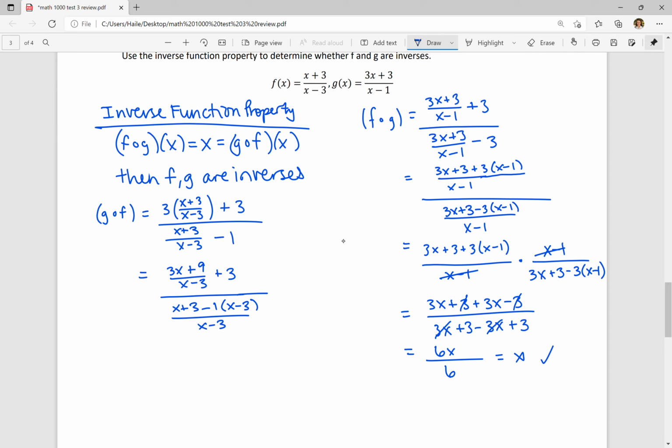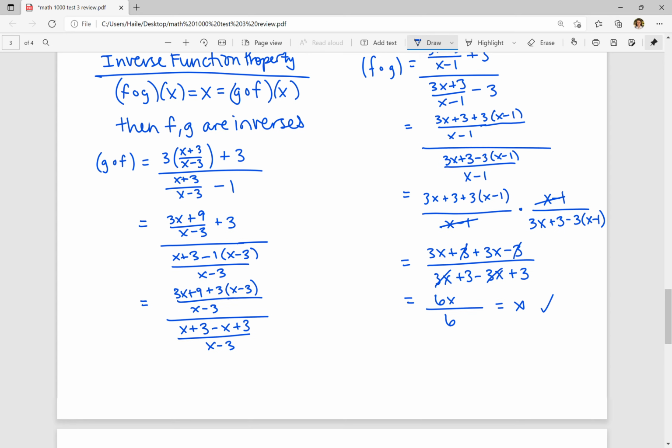And then we can do the same thing for the stuff on the top. So we'll have one big fraction over x minus 3. 3x plus 9 stays the same, but then we'll have 3 times (x minus 3). So let's see here. We'll have x plus 3 minus x plus 3, all over x minus 3.